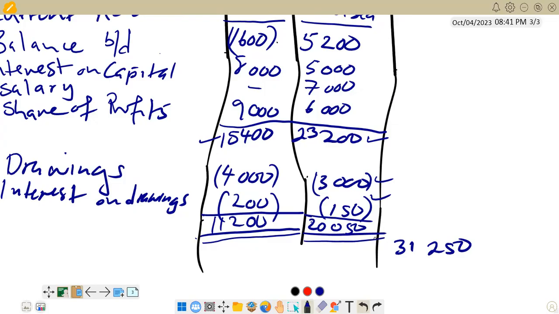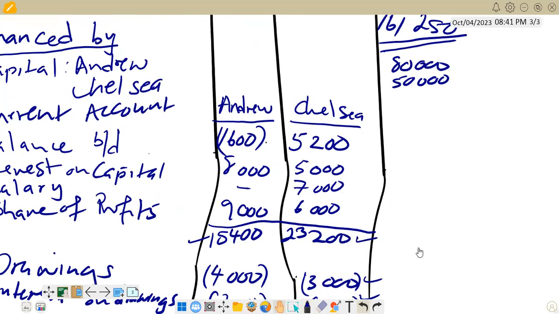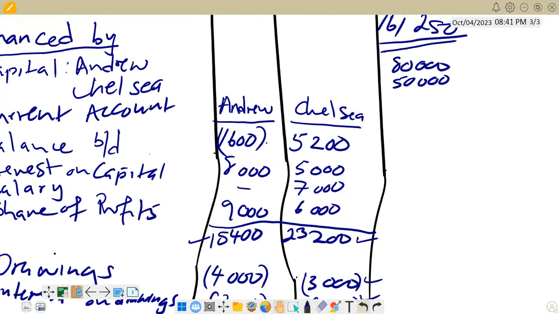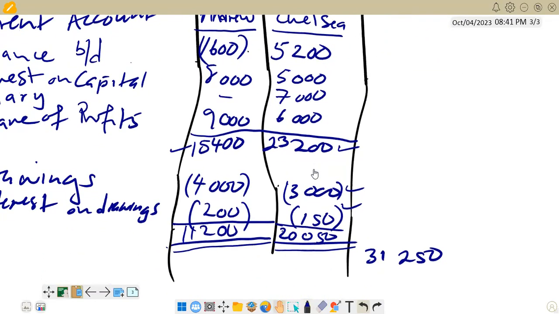So we are supposed to add it to the total that we have on top for the capital account, because the figures for the capital account are there on top. Let's see there. Right. So these are the figures that we have for capital. We have 80,000 and 50,000. So we are going to say 80,000 plus 50,000. Then we go down and add them with the figures that we got for current, which are 31,250.